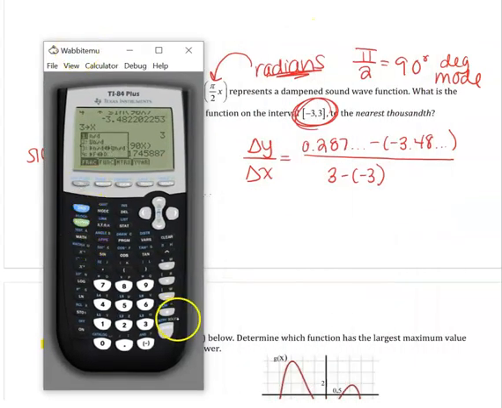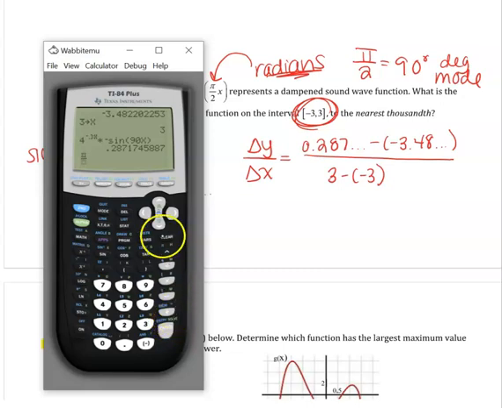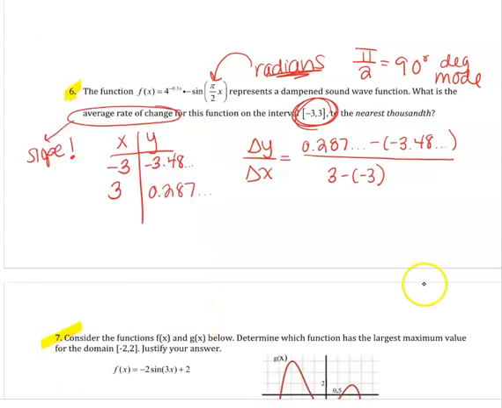Alpha y equals, okay, now I have that fraction bar. I can go up and grab that 0.28 number, go up and grab that negative 3 number. And then the bottom, I have 3 minus negative 3, which I know is going to be a positive 6. And then I hit enter. So to the nearest thousandth, I'm getting 0.628.